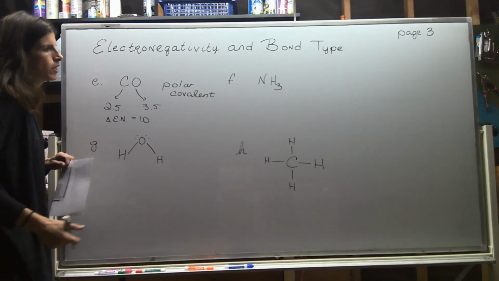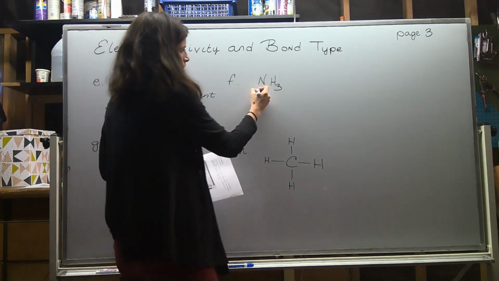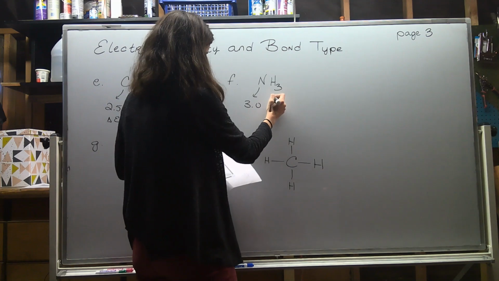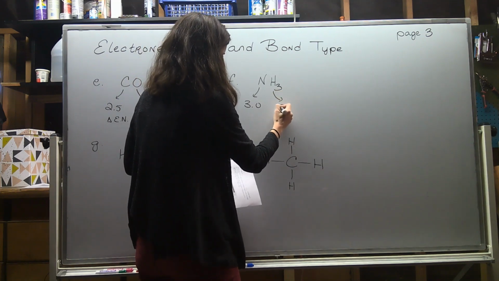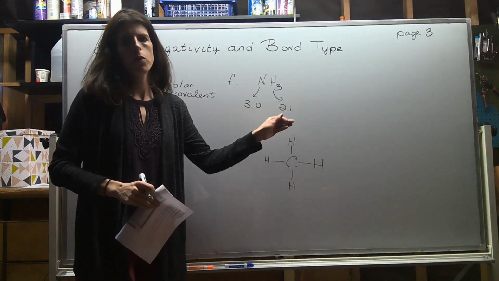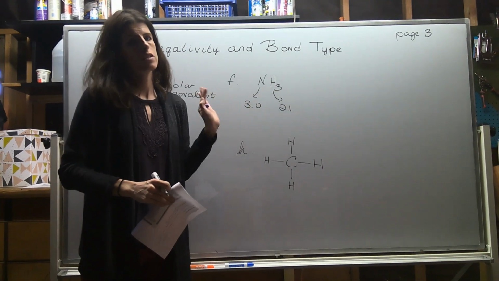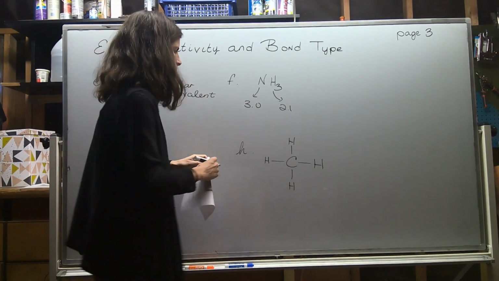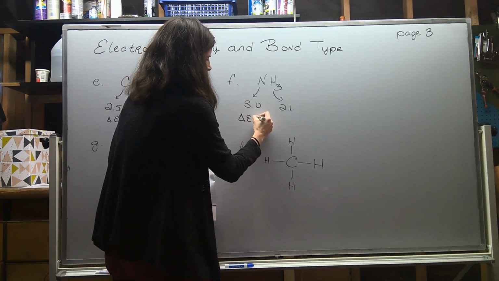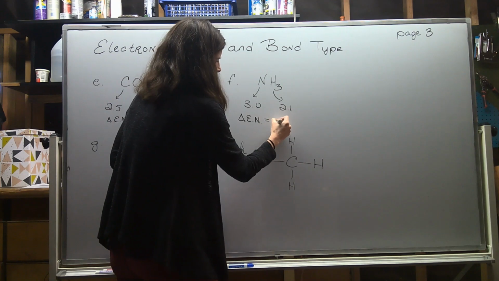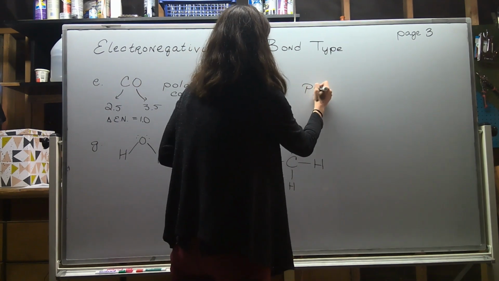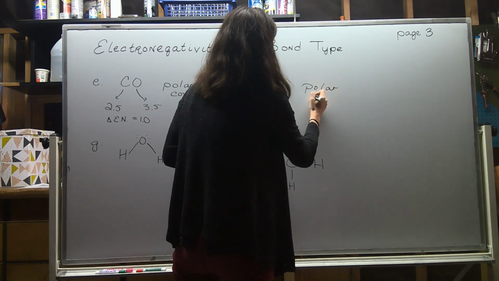Here we have ammonia. The nitrogen comes in at 3.0, hydrogen at 2.1, and again, another example where we see more than 1 hydrogen, but we just subtracted 1 time for these purposes. So its difference in electronegativity values is 0.9, and we can also classify ammonia as being polar covalent.